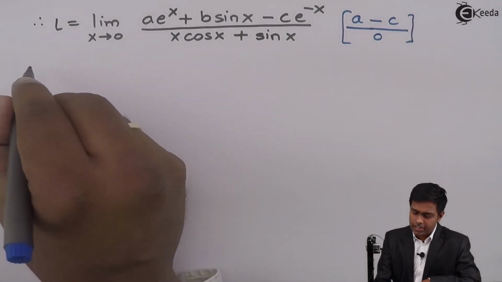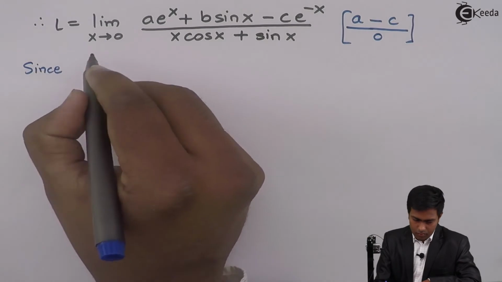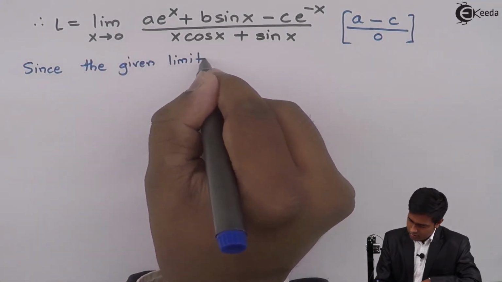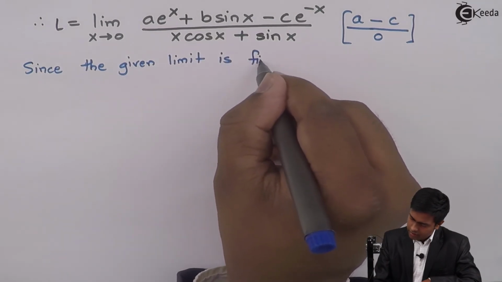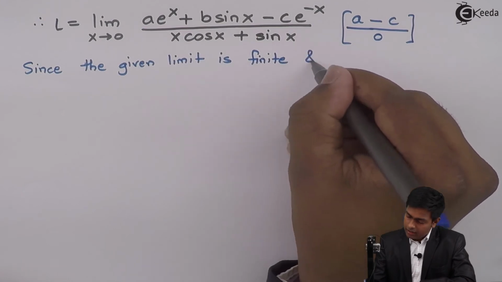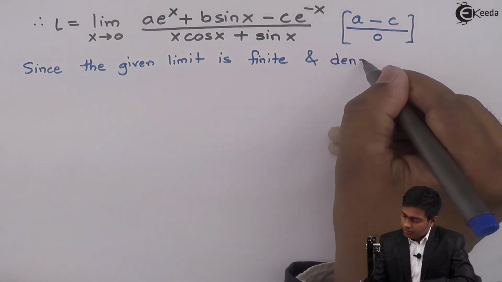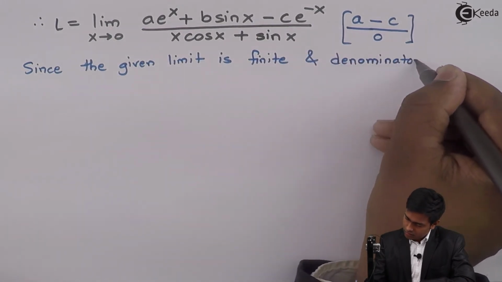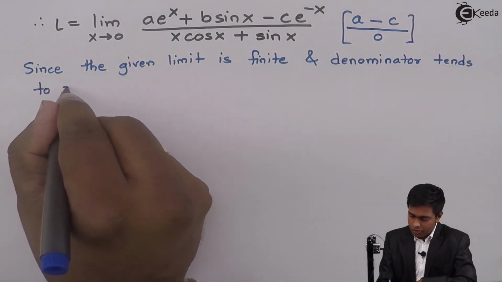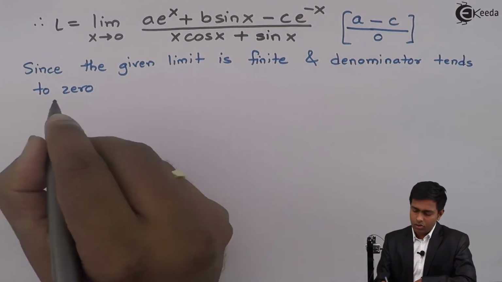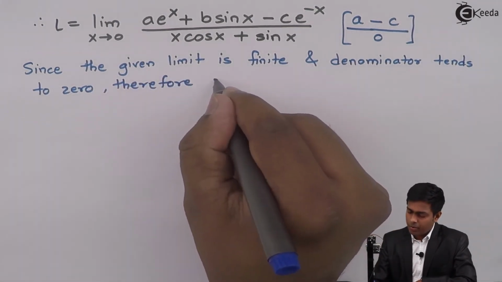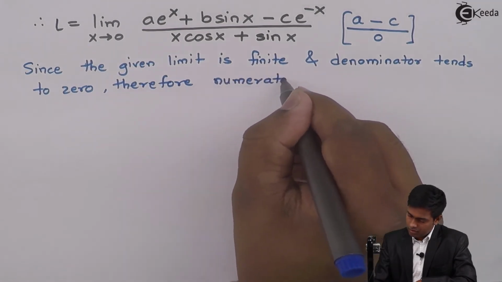So here again I will say, since the given limit is finite, it means its value is 2, and here the denominator tends to 0, therefore the numerator must be 0.